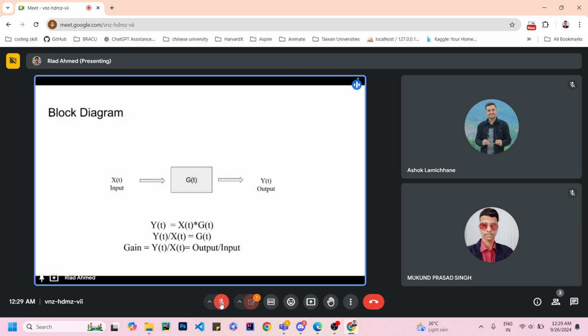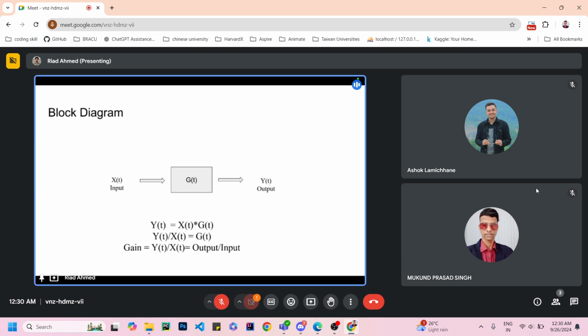Okay, so that is all, and in our next class we will try to know about the block diagram. So what is a block diagram? A block diagram is used to represent your control signal or your control structure by using some blocks. Those blocks are used to accurately represent what the actual system is doing.